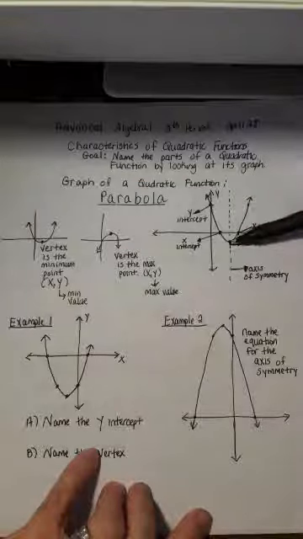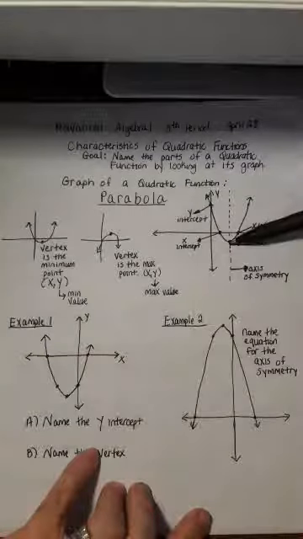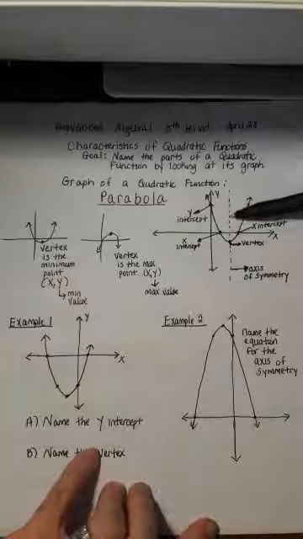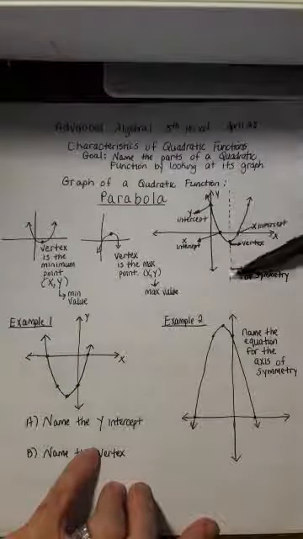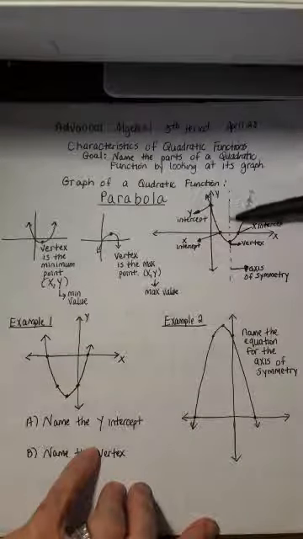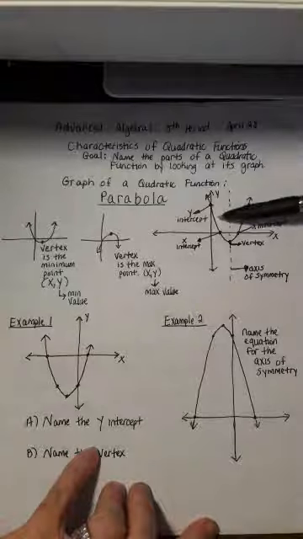And that vertex is always at the very lowest point on the parabola or the very highest point, but it's always in the center. And it's in the center of your parabola on this dotted line. And this dotted line is an imaginary line. It's not really drawn there, that's why it's dotted. But it always divides your parabola into two mirror images.